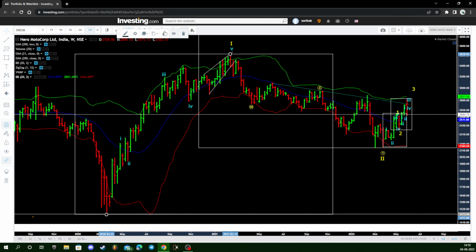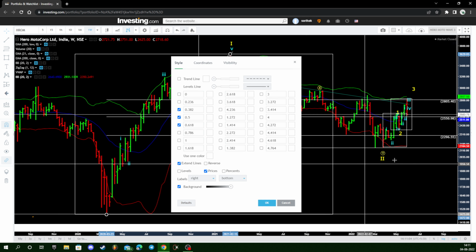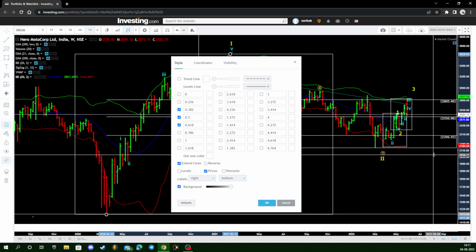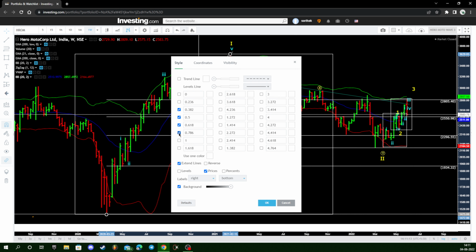From a Fibonacci perspective, we have done more than 61.8% correction. So the 61.8 correction comes around 2296 levels, and 0.78 comes around, so it's between that.